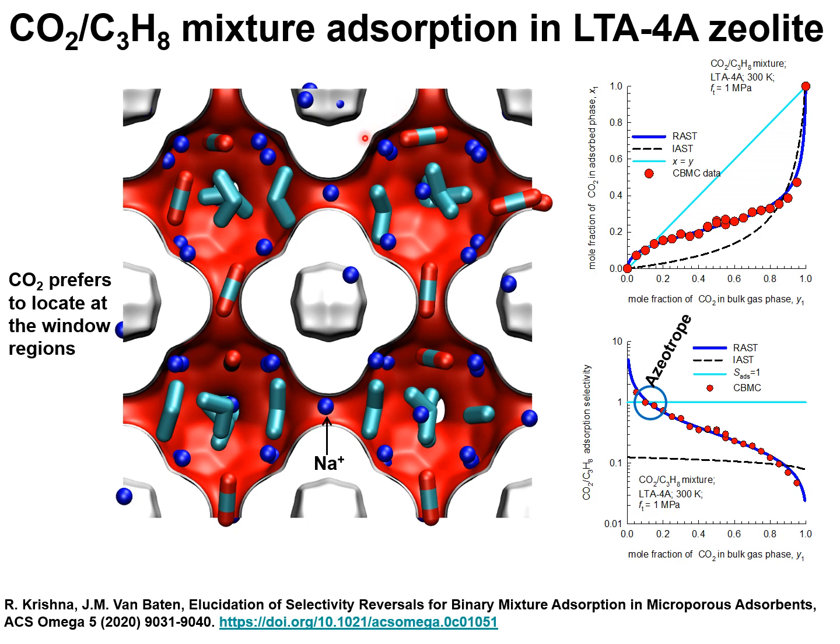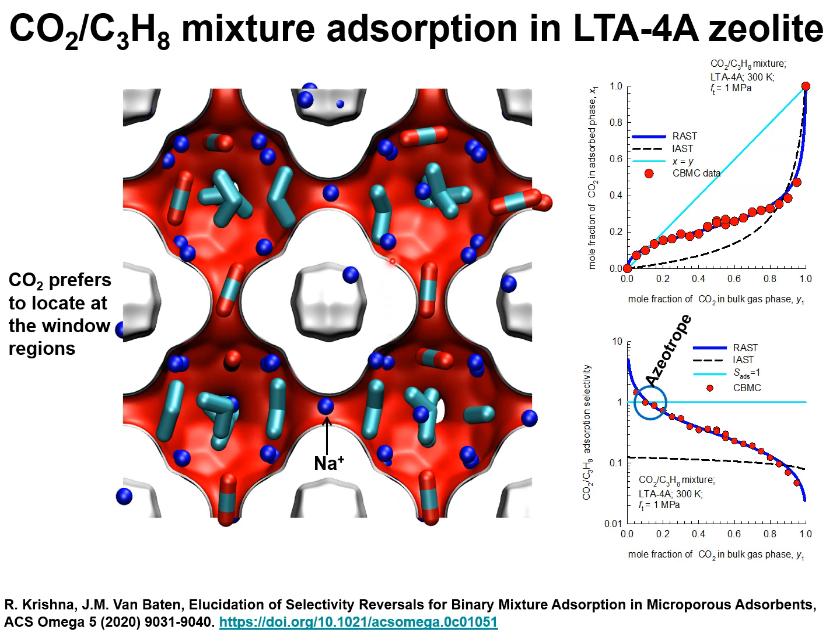LTA4A consists of cages with a diameter of approximately 11 angstrom. Each cage is separated and connected to adjoining cages by narrow windows that are approximately 4 angstrom in size, hence the name LTA4A zeolite.